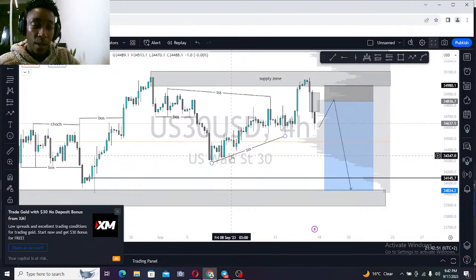At some point, after grabbing that liquidity, the market needs to find a zone. So we do have a zone. That's our demand zone down there. Meaning once it takes out that liquidity, it needs to go there.